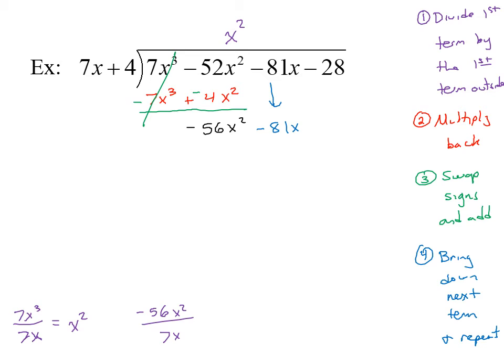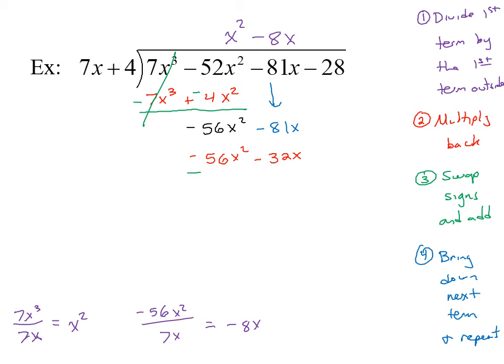The 7x is not going to change, whatever that first term is out front. 56 divided by 7 will give me 8. It'll be negative 8 since it's negative 56. And I'll have an x left over. I multiply that back. The negative 8x times the 7 is negative 56x squared. Negative 8 times 4 is negative 32x.